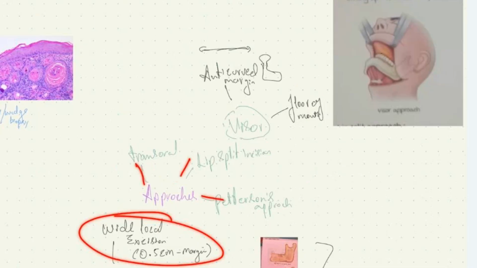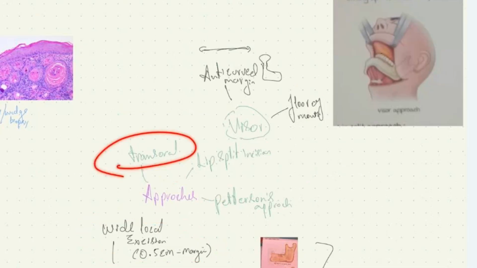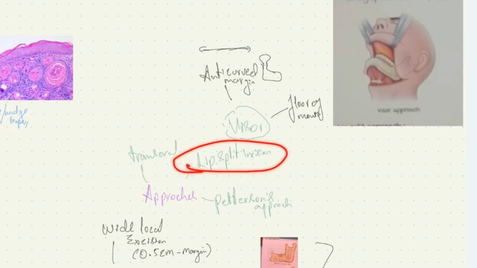Under wide local excision, we have three approaches. That is transoral approach. We go inside the oral cavity and perform the surgery. Another procedure is lip split incision approach, where we split the lip of the patient and access the primary lesion. Other, we have Patterson's approach, which I'll explain shortly.